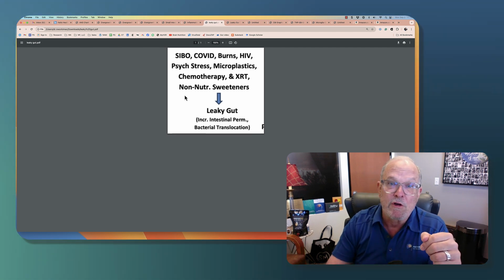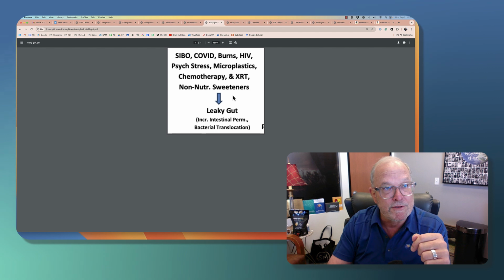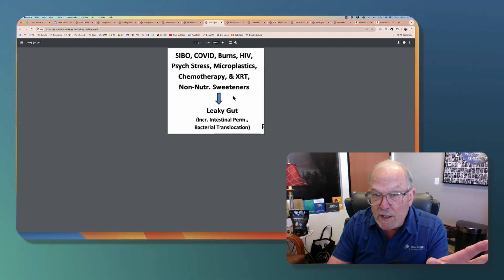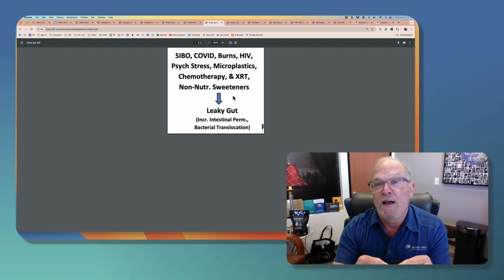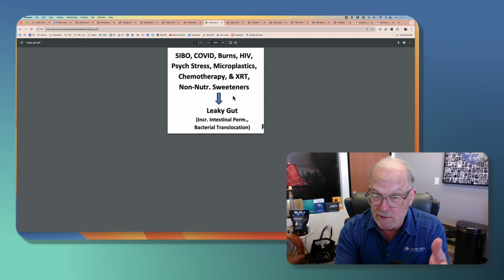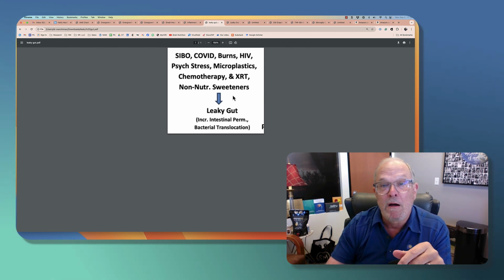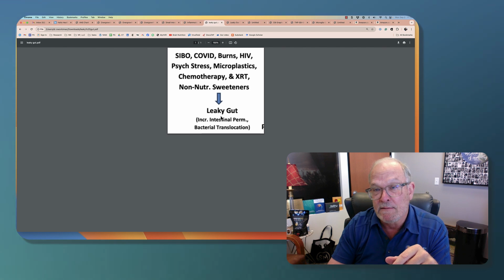And then what we call non-nutritive sweeteners. These are non-sugar sweeteners, so the artificial ones, as well as the natural type of sweeteners that are not natural sugar, whether it's fructose or glucose. A variety of them are now being shown to cause leaky gut.